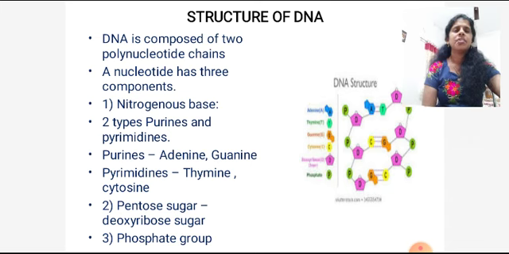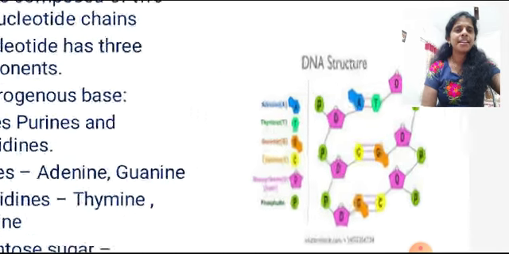There are two types of nitrogenous bases present in DNA, purines and pyrimidines. Adenine and guanine are the two purines present in DNA. Thymine and cytosine are two pyrimidines present in DNA.